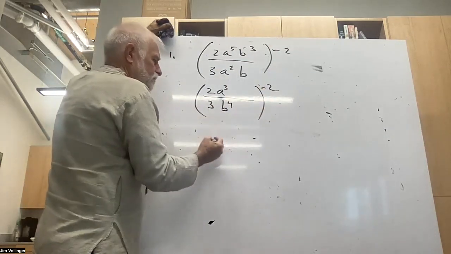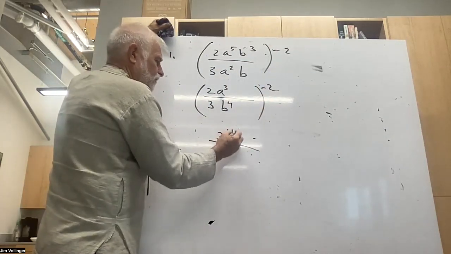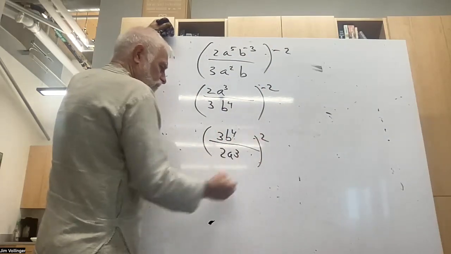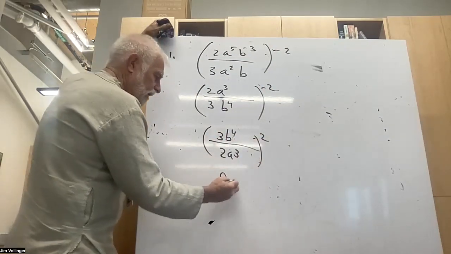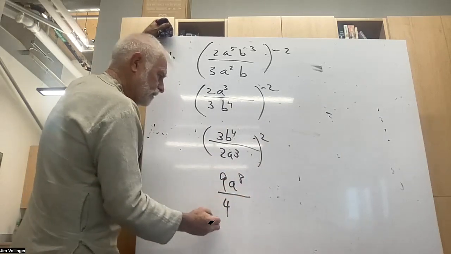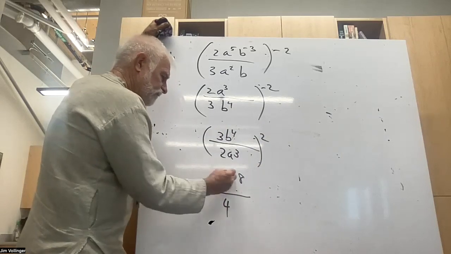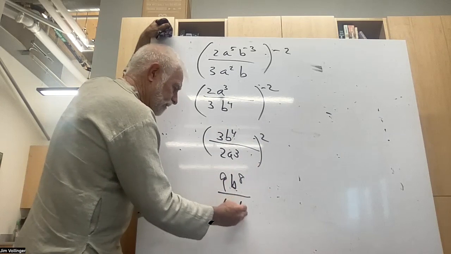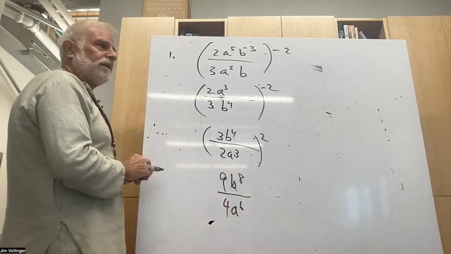Now I'm going to flip it, so that's going to get me 3b to the 4 over 2a to the 3. But I still have to square it, which is going to get me 9b to the 8 over 4a to the 6. All right, that one's done.